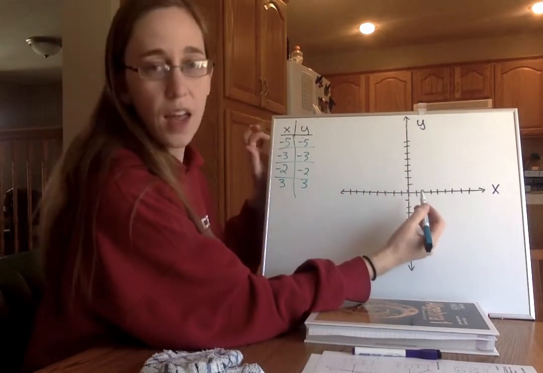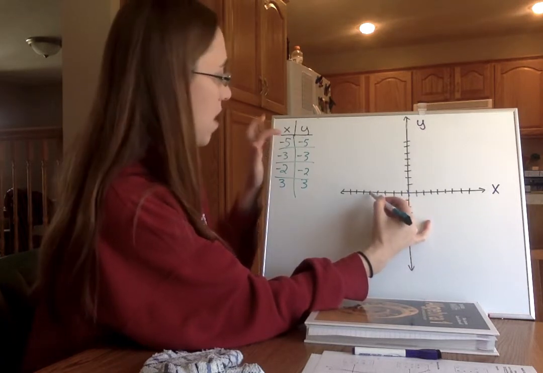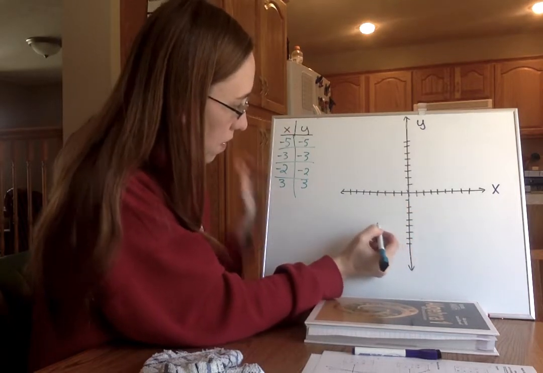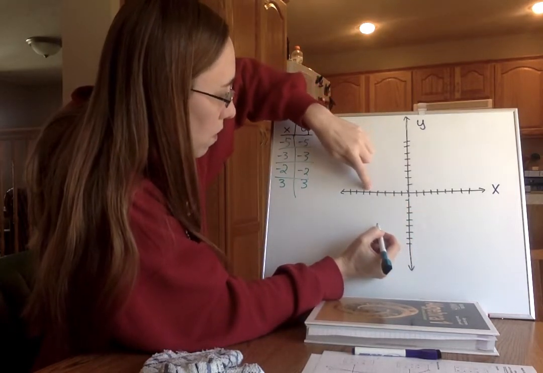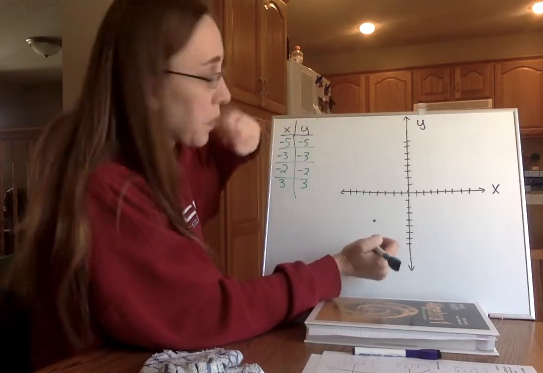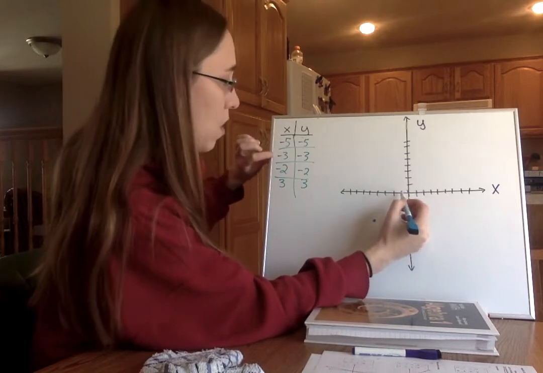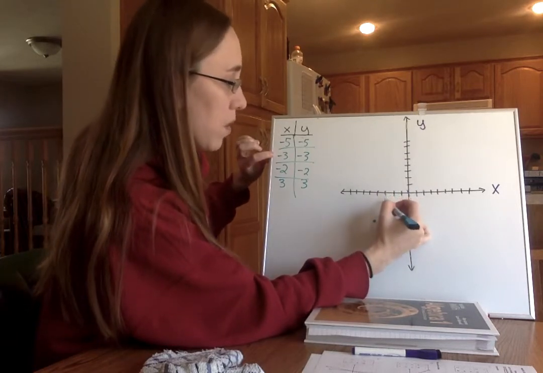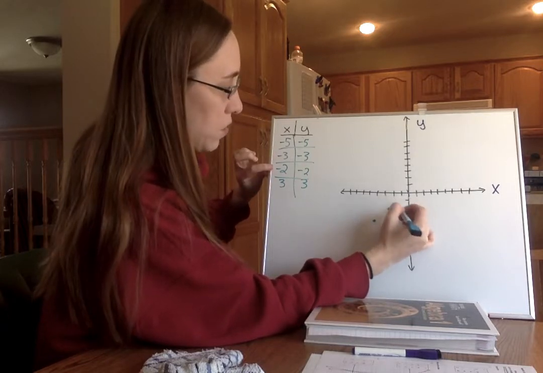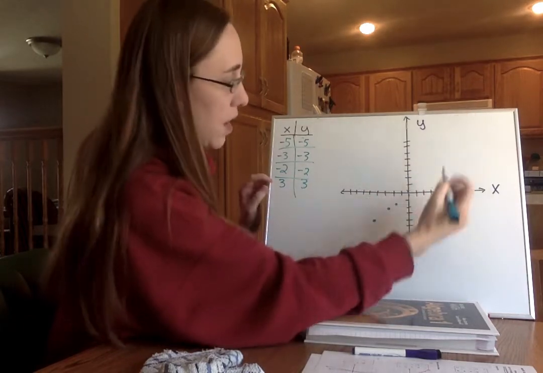So we've got another one to graph. So once again, negative x's go backwards to the left. Negative y's go down 5. I don't have actual lines drawn on here, so I'm just freehanding it a little bit, and that's okay. If you have graph paper, even better. -3 is backwards, -3 is down. -2, -2, and then we've got positive, so we're going to the right and up this time.